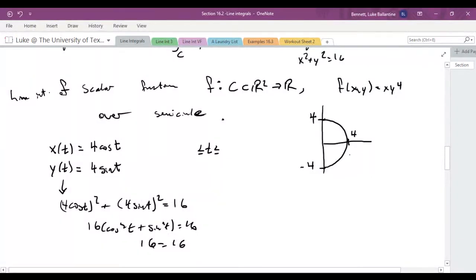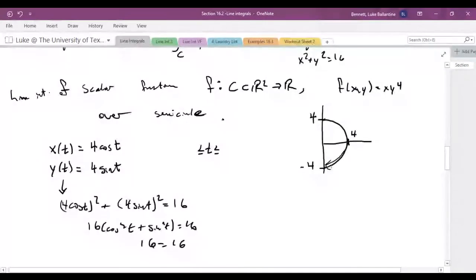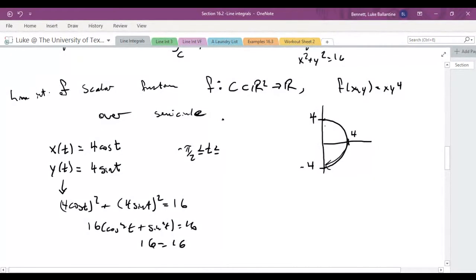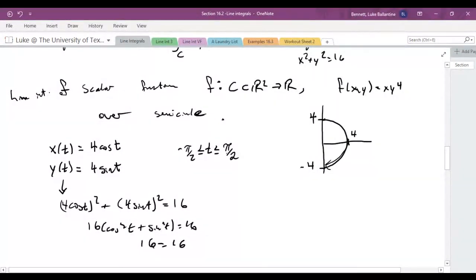T lies in between. Well, okay, if we go clockwise from the positive x-axis, this would be negative pi over 2. Counterclockwise, pi over 2. So we have our parameterization and our t-bounds. So we can go ahead and evaluate.